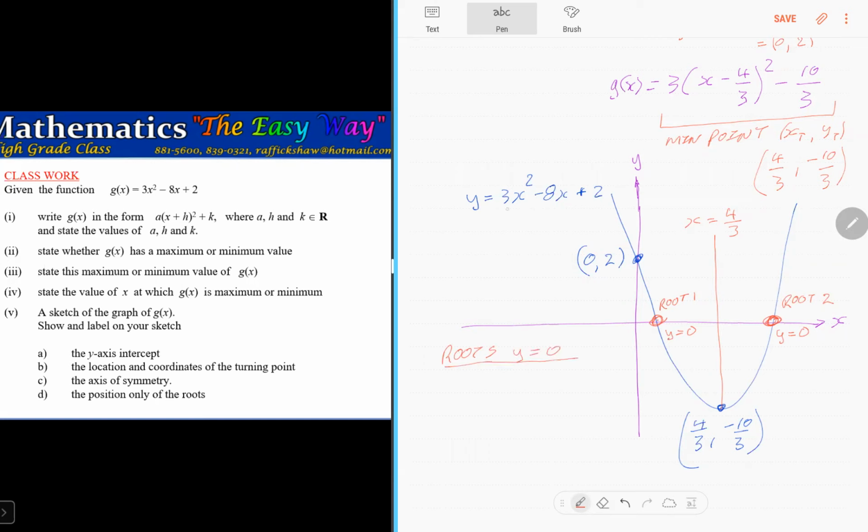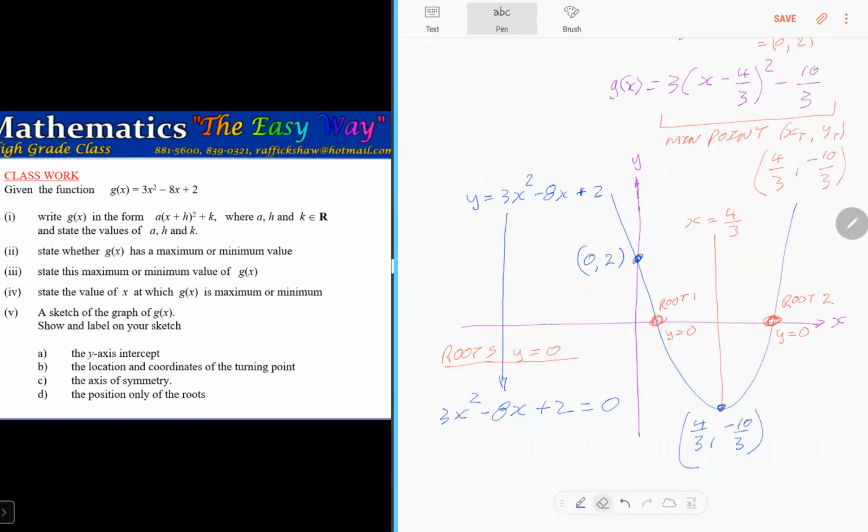So if you look at this function now, since y is equal to 0, and y is also equal to this expression, the equation at those two points becomes 3x squared minus 8x plus 2 equals 0. That is the y, and it is equal to 0 at those two points.